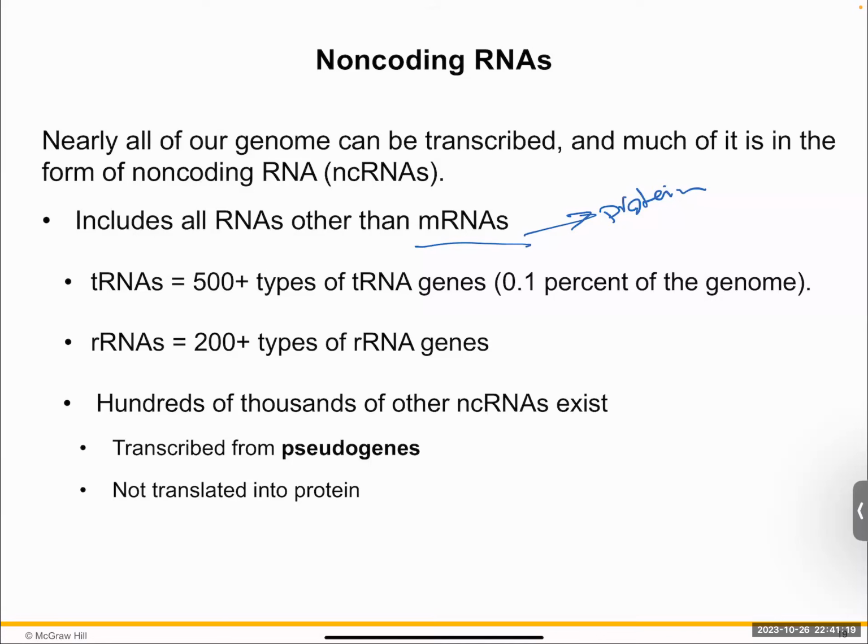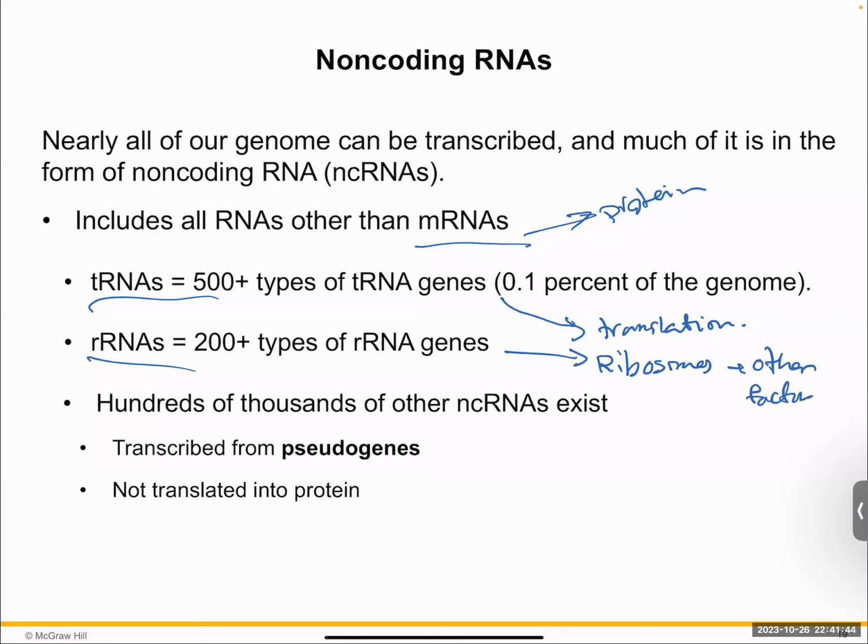So what does that include? It includes your tRNAs. tRNAs are, and this is something we'll talk about later, used in the process of translation. rRNAs are also important. These are the ones that are used to synthesize ribosomes and other factors for the purpose of protein synthesis.